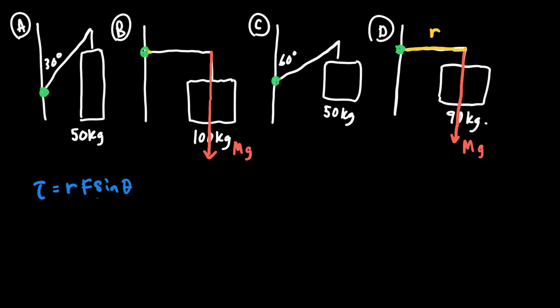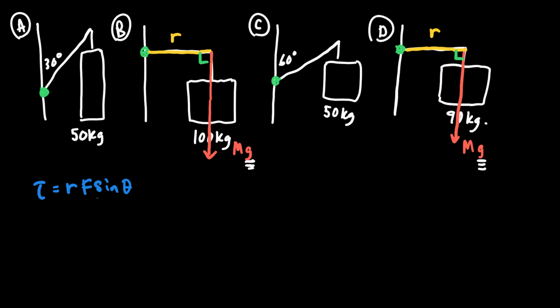So there's R, and there's R. And the angle between R and F, which is this 90 degree angle here and this 90 degree angle there, is the same for cases B and D. And so if R is the same and theta is the same, the only thing that determines the magnitude of the torque is the weight of the object, and really not even the weight, because both objects are in the same gravitational field, so g is the same for each.